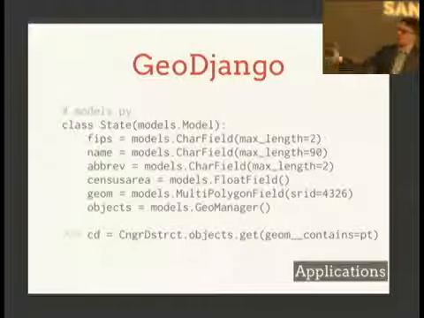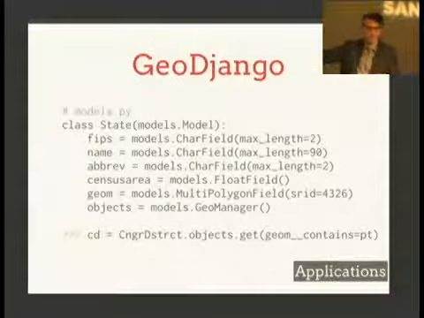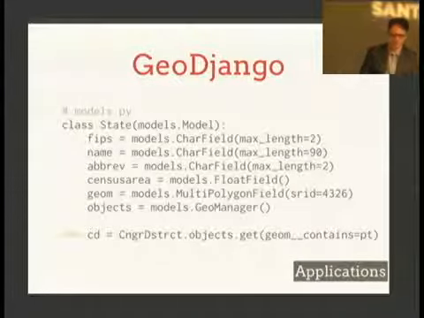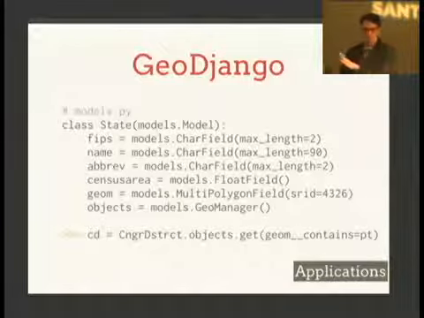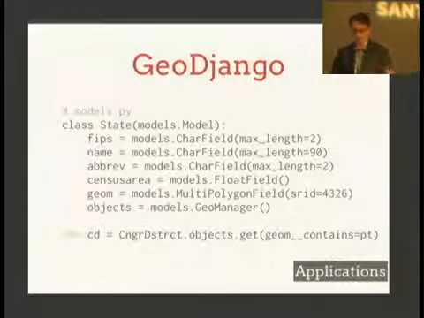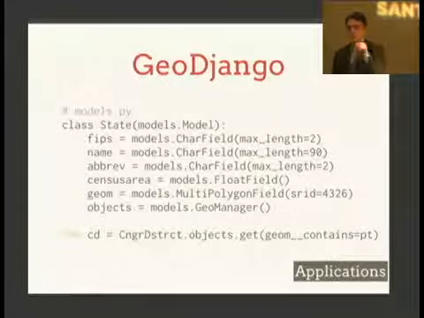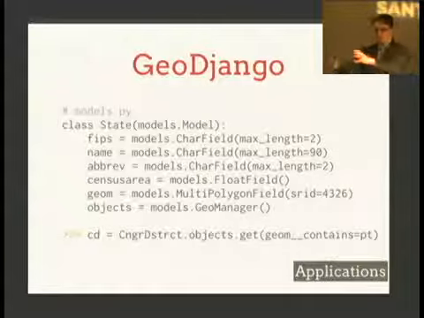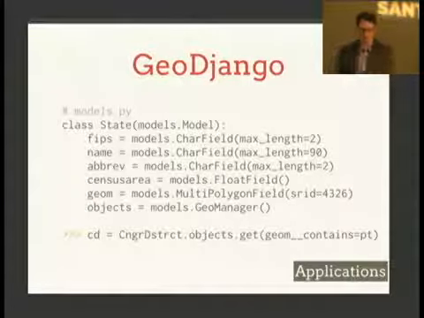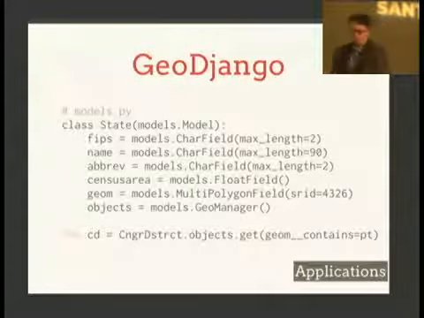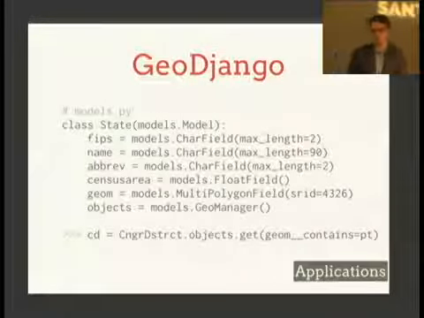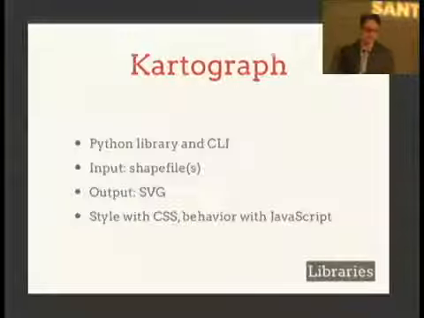And then we essentially make it spatially enabled by creating a different kind of manager for it, objects equals models.GeoManager. So let's say we had a different model that was congressional districts, and we wanted to know which of my Django objects that are congressional districts, which of their geometries contain some point I'm interested in. So you can see that it sort of enhances the ORM's existing query syntax to make that really an easy operation.